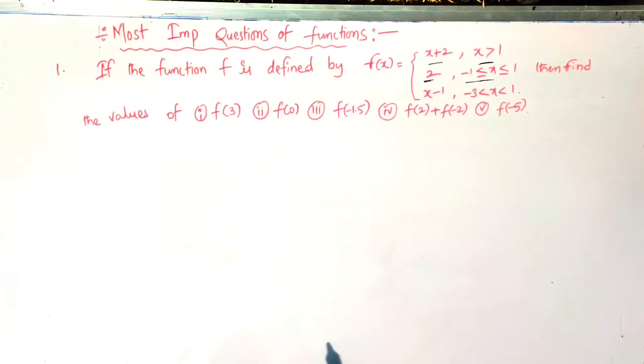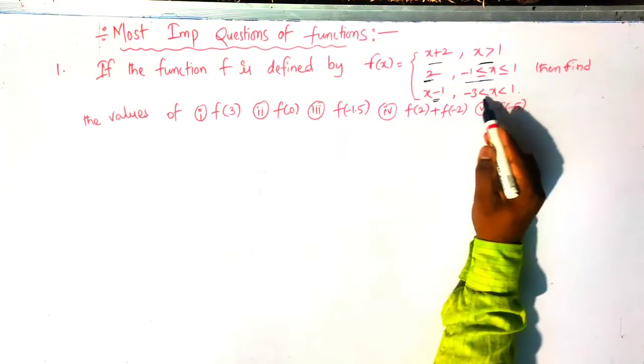In between minus 3 to 1 x value, then f of x value we take minus x minus 1 here. Okay, in between minus 3 to 1.